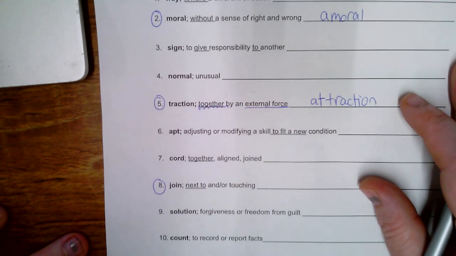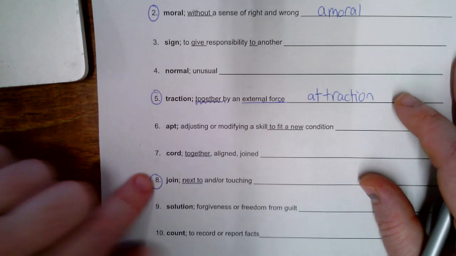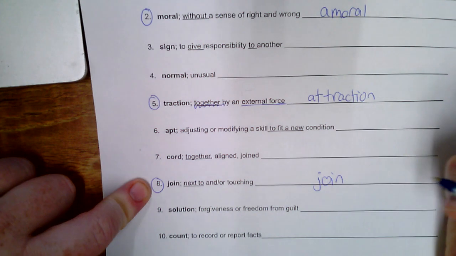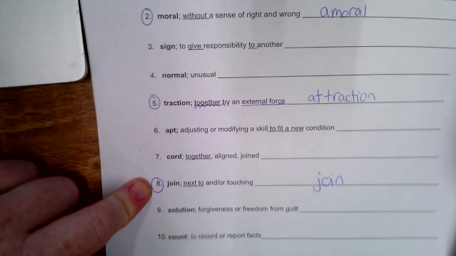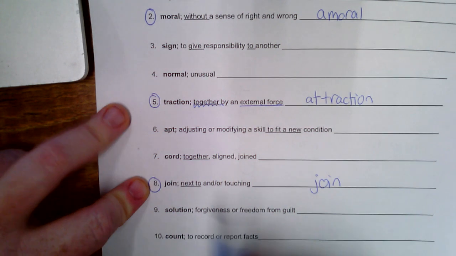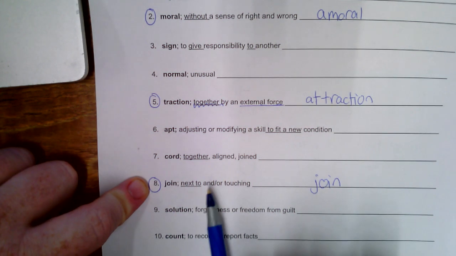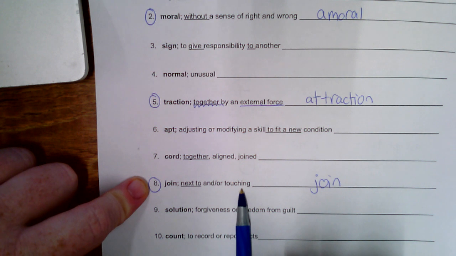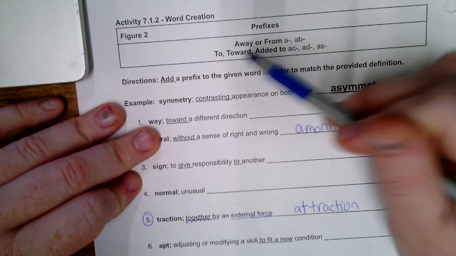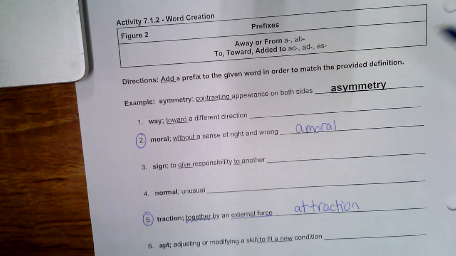Okay, the next one, number 8. So our root is join, and we need to change the meaning of join to mean next to and or touching. Next to and or touching. So is this going to be away or from, or it's going to be to, toward, or added to?